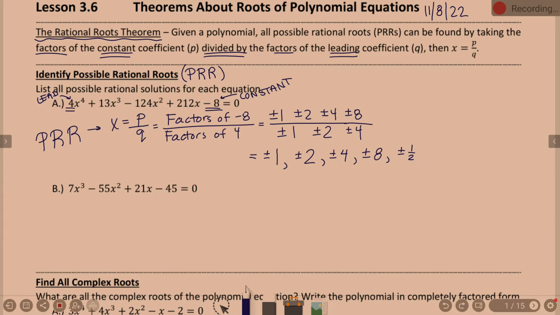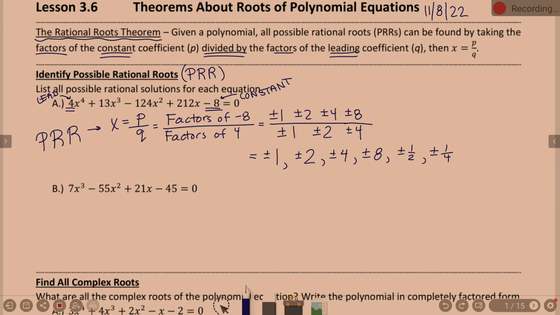Okay. Now we're going to take turns putting everything over 4. 1 over 4? Plus or minus 1/4. I haven't done that one yet, so I'll add it in. 2 over 4 reduces to 1/2, and didn't we already do 1/2? Yep. 4 over 4? 1.